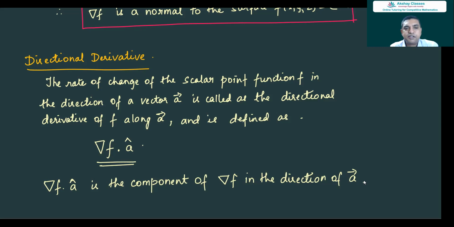That was the projection. Same here, grad f dot A cap is the projection of the gradient del f along A. So del f dot A cap is the directional derivative.